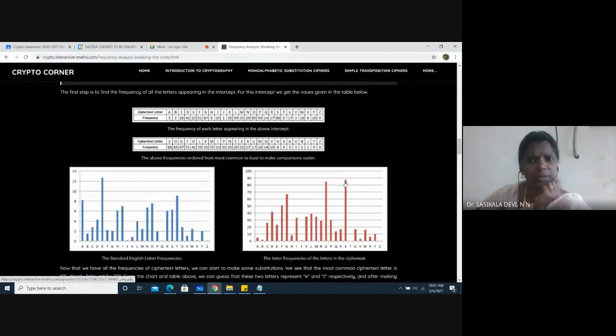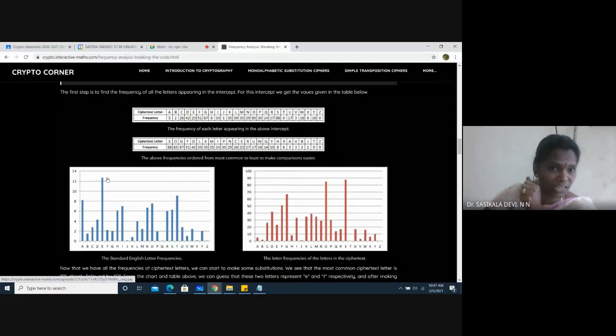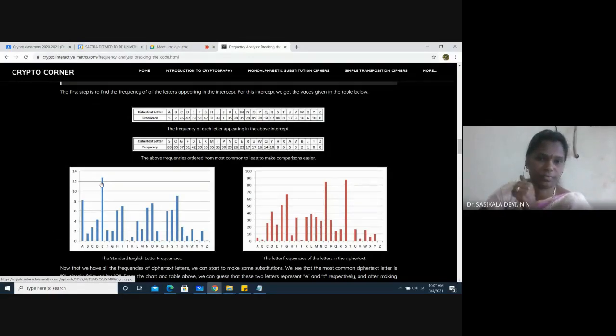The most common character S will probably be the most common character in the standard alphabet, E. So wherever there is S, replace it with E. All 88 occurrences can be replaced by single substitution with E.